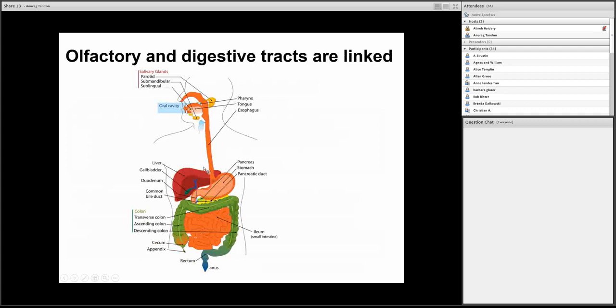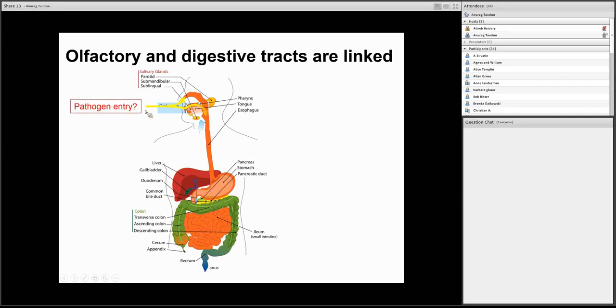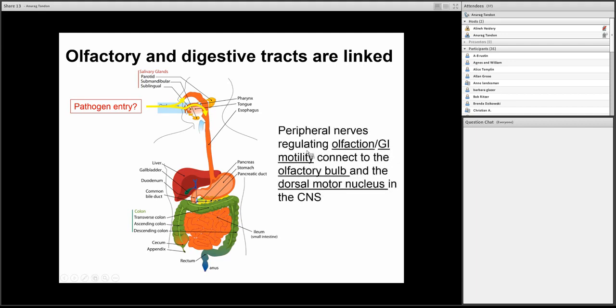So what is the connection between the olfactory and the digestive tracts? Now we know that these are linked because, well, you have pathogen entry. It might occur either through nasal passages, so the mucus is then swallowed and taken into the stomach or beyond. There's also the possibility that the toxins may be swallowed similarly, and both of these would now affect the peripheral nerves that regulate olfaction and gastric motility.